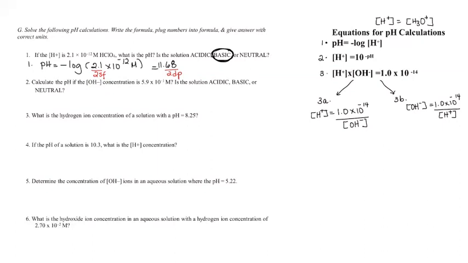Let's go to number 2, another pH calculation. But in this pH calculation, what was given to us is OH. So when you're given OH, there are 2 equations that we need to use. What is the first one that we need?